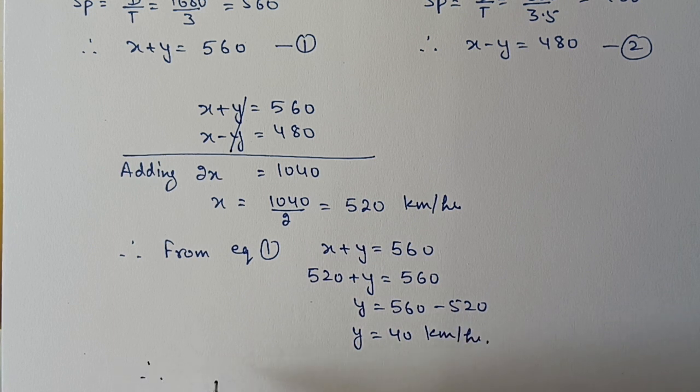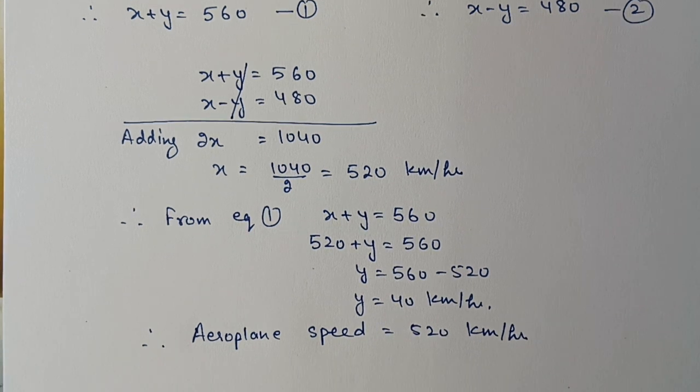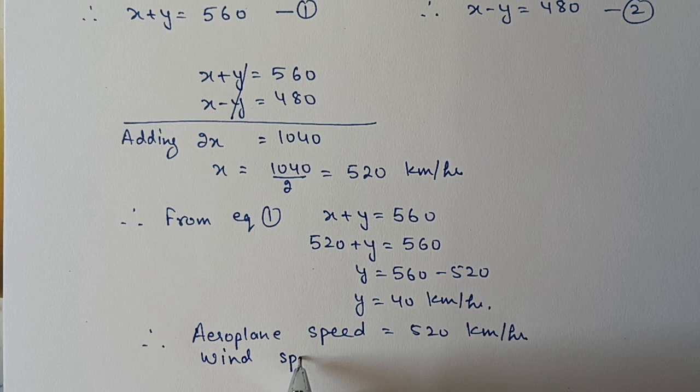So therefore the aeroplane speed is 520 kilometer per hour and the wind speed is 40 kilometer per hour.